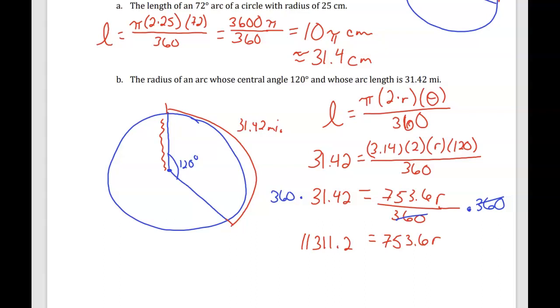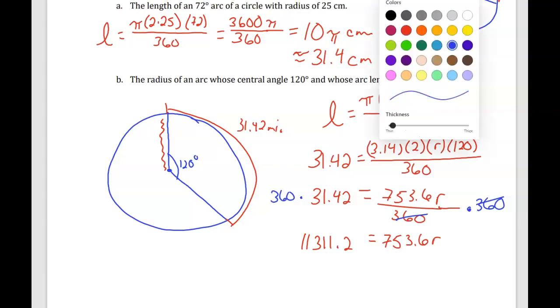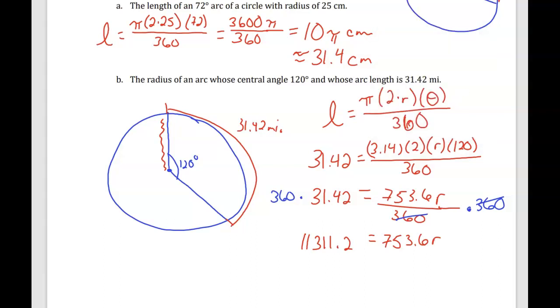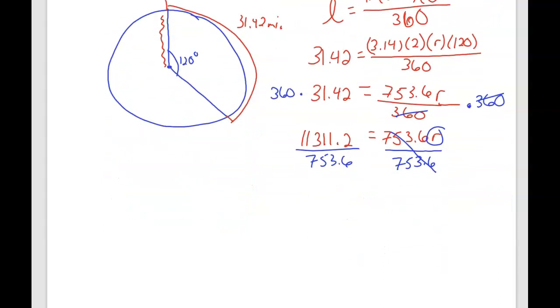And then we've discussed this in an earlier video, that in order to get rid of this and get the r by itself, we're going to divide both sides by the 753.6. That way it will only leave me with that r, or my radius.